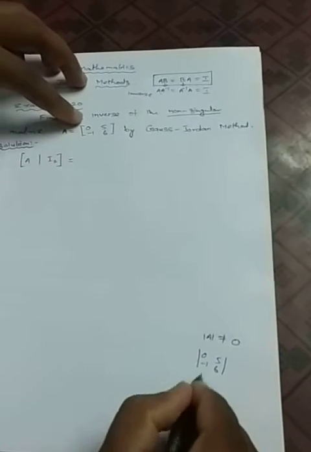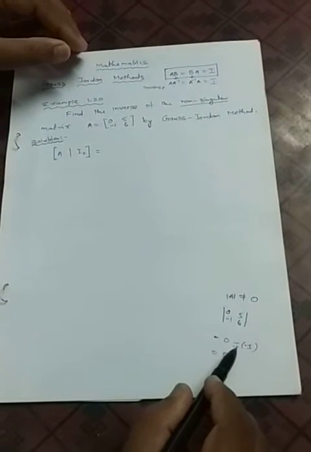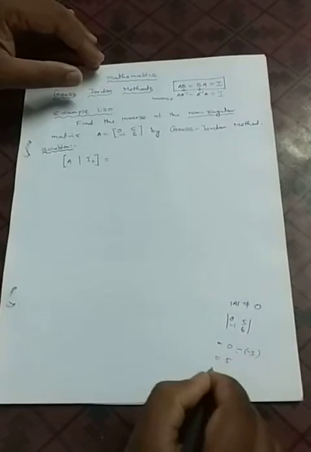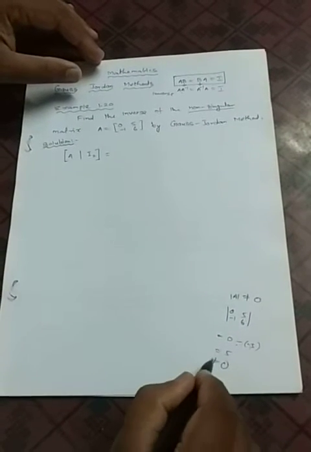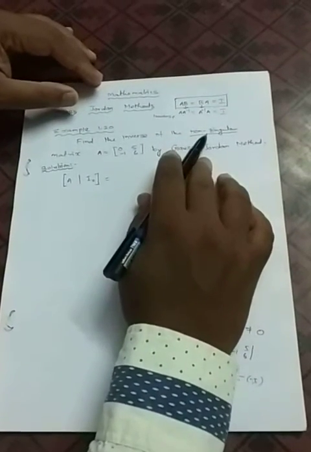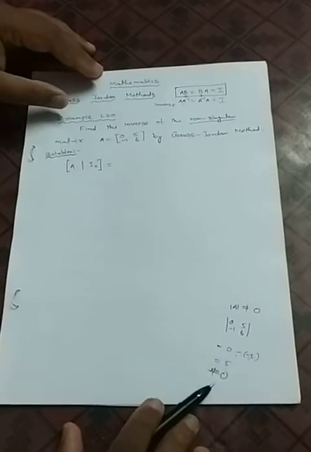Just find the determinant: 0 into 6, minus of minus 1 into 5, which gives plus 5, which is not equal to 0. That's why they are saying non-singular matrix. Non-singular means the determinant value is not equal to 0.